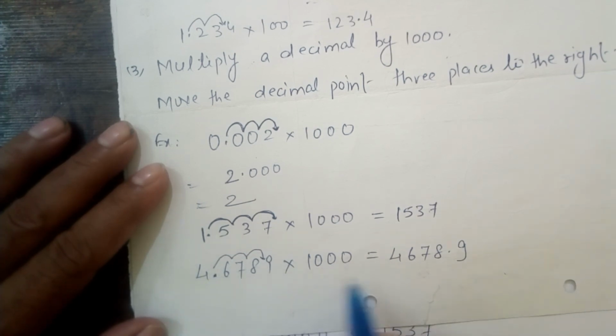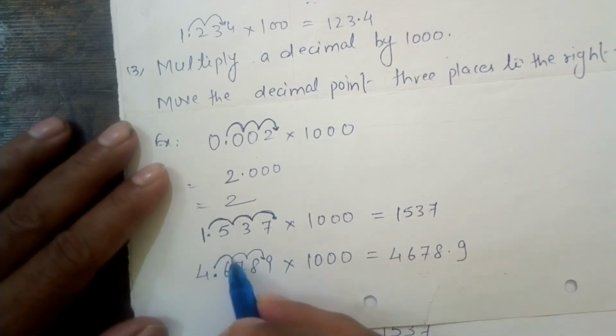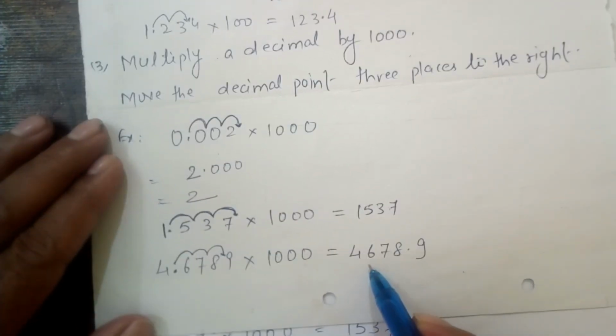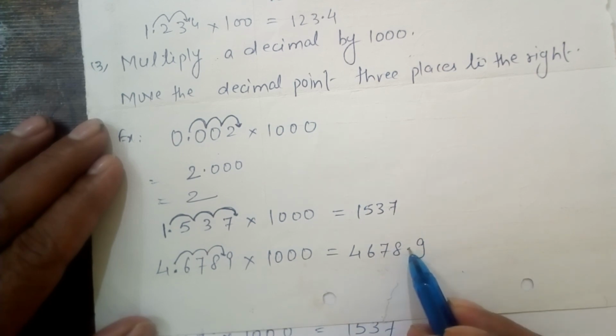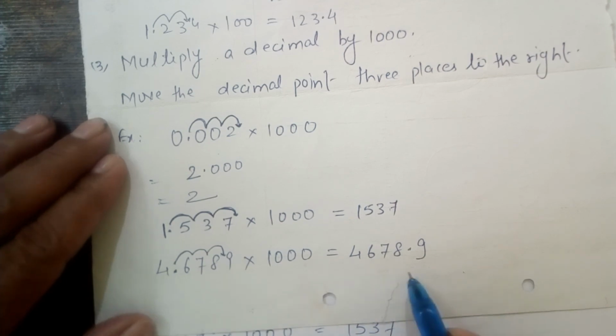After multiplication we will move the decimal point 3 places to the right. This is first place, second place and third place, so your answer will be 4678.9. This is your required answer.